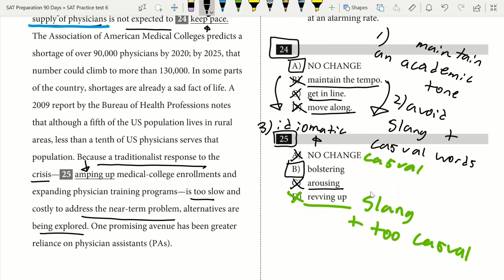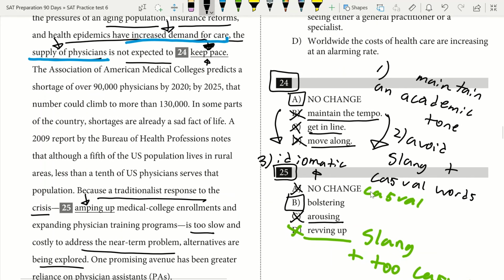So the big tip that I want you to take away from this video is, if you have one word or a couple words underlined in the middle of a sentence or at the end of a sentence, as in 24, then you want to look at your answer choices, and if you see that they're all different root words, like in 24 and 25, then you want to make sure you're maintaining an academic tone, which most passages on the SAT writing section have.